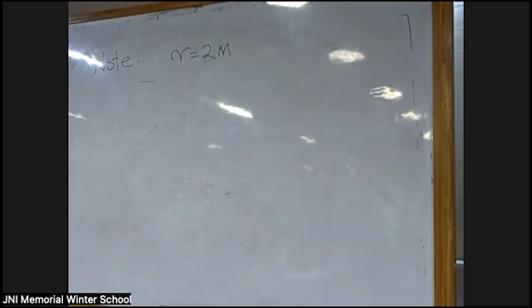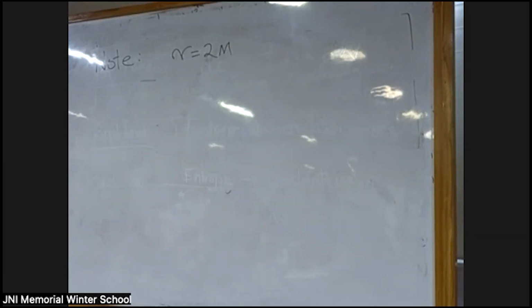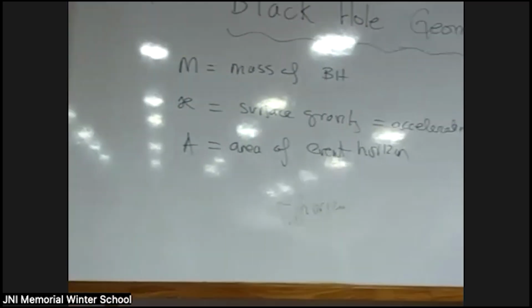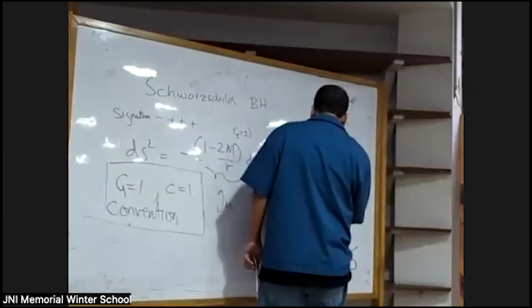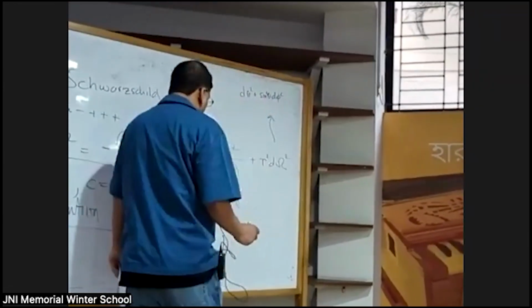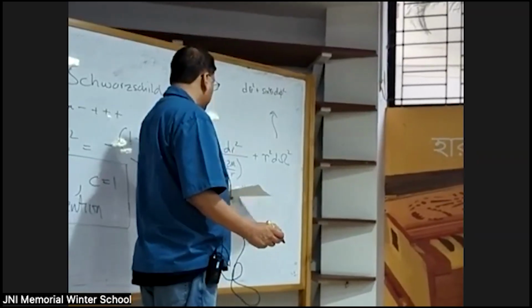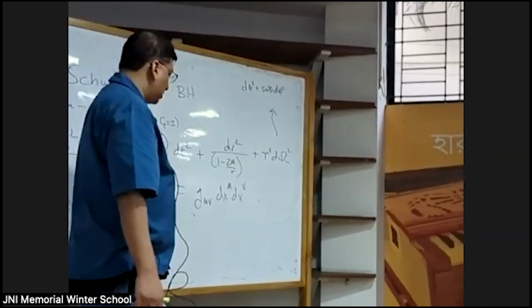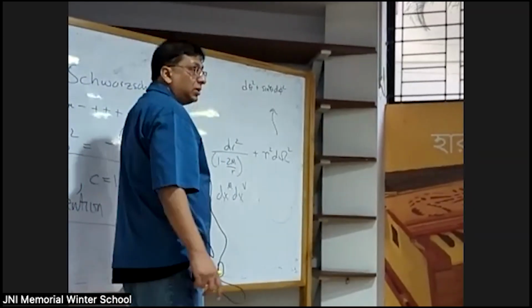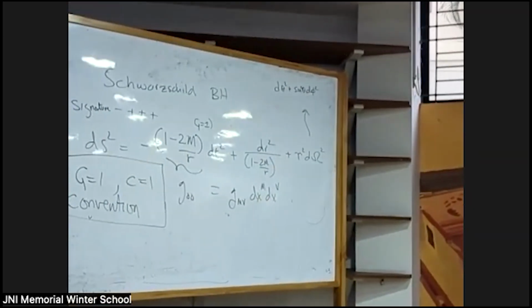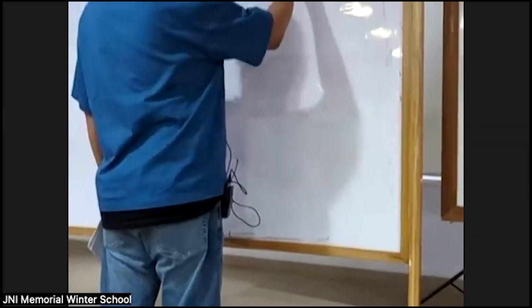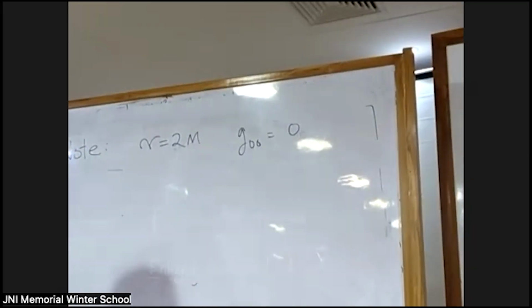This is g00. When we write this in terms of the metric tensor, it is g mu nu dx mu dx nu. When it's dx0, meaning dt squared, then this is g00. So when r is equal to 2m, g00 is equal to 0.